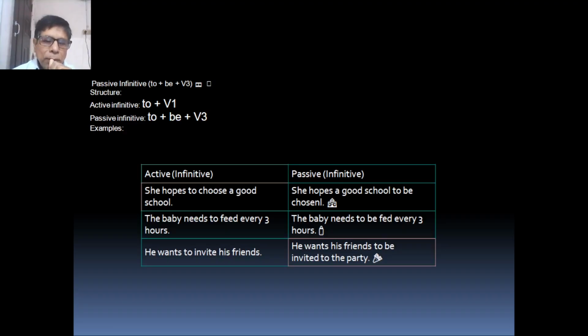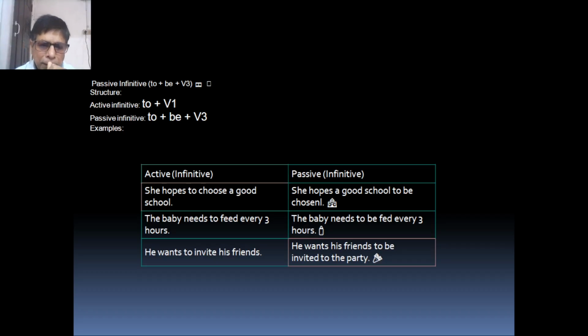Those are simple infinitive, perfect infinitive, gerund, and participles, present participles. Let us see. The active structure of the infinitive is to plus verb 1, that is verb present form.